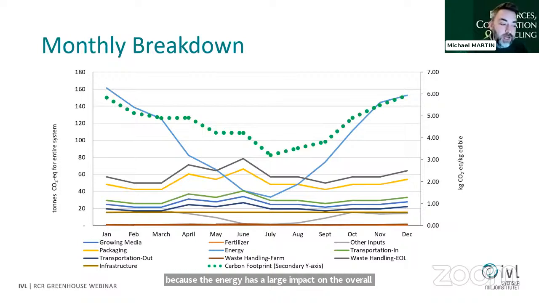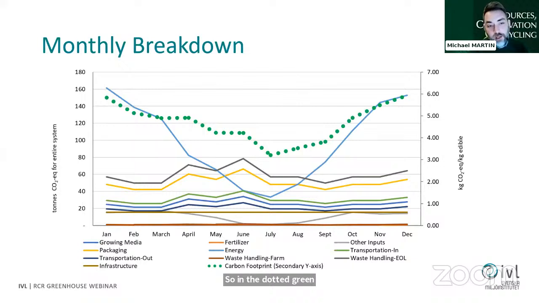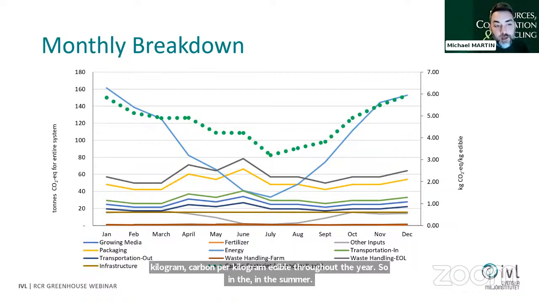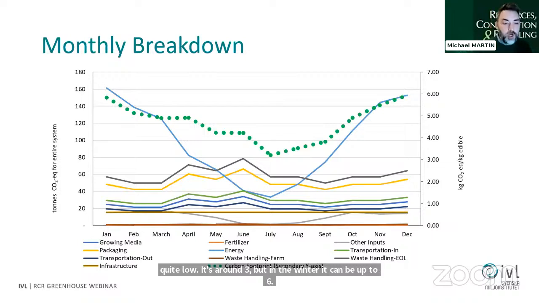So the dotted green line is the carbon footprint, and the secondary y-axis on the right shows the kilogram carbon per kilogram edible throughout the year. In the summer, it's quite low, around 3, but in the winter it can be up to 6. So it can be almost twice as impactful per pot that you have.